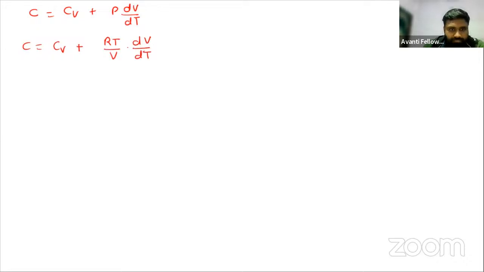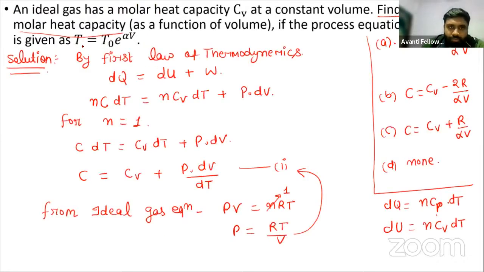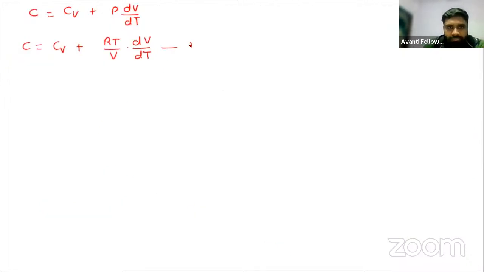Now the process equation that is given to us is T is equal to T naught e raised to the power alpha V. We will use it. This is equation number 2. The process is given to you as T is equal to T naught e raised to the power alpha into V.